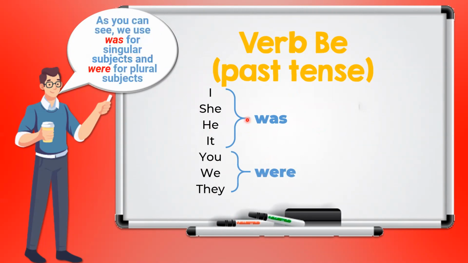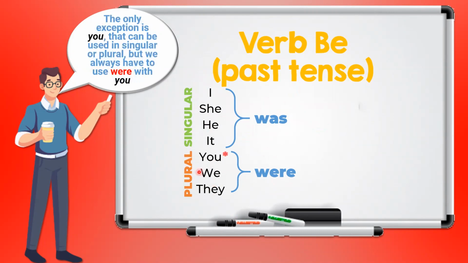As you can see, we use was for singular subjects and were for plural subjects. The only exception is you, that can be used in singular or plural, but we always have to use were with you.